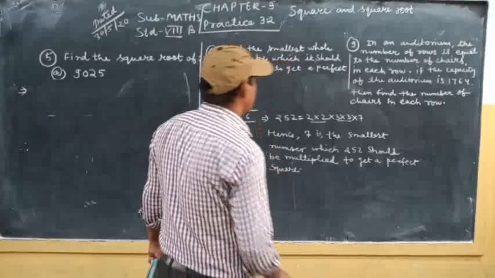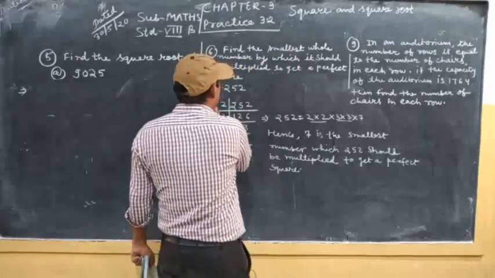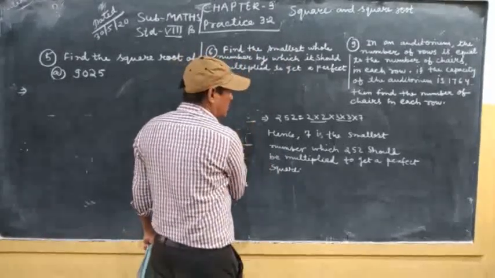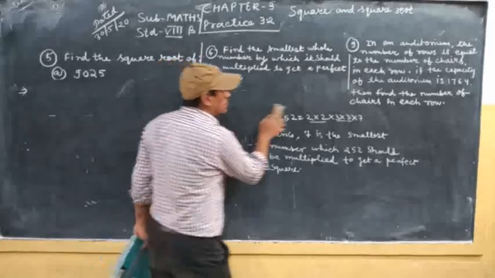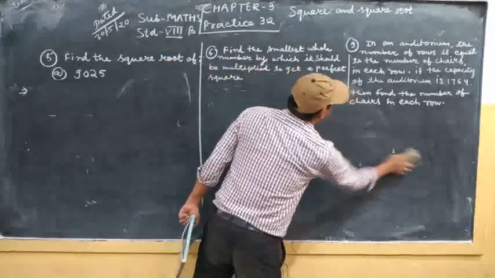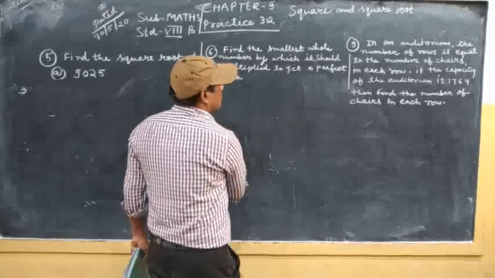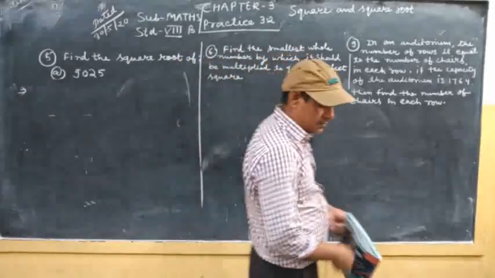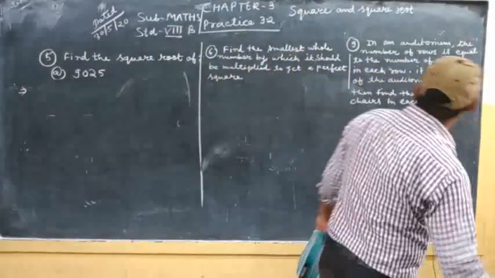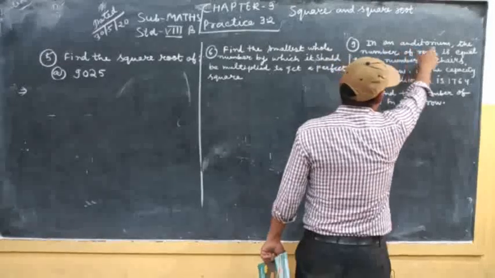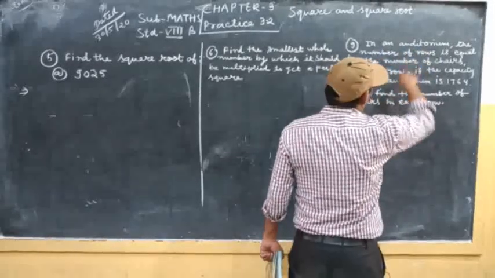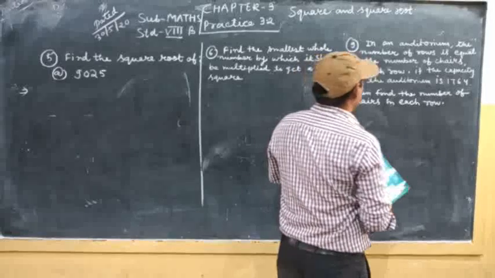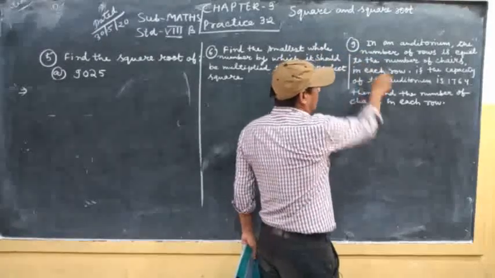Now we see question number 9. In an auditorium, the number of rows is equal to the number of chairs in each row.